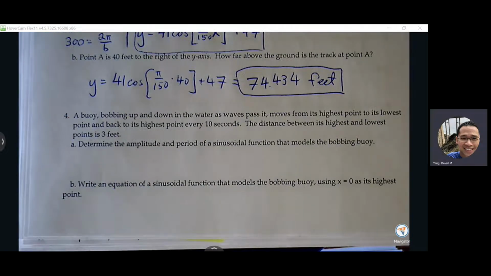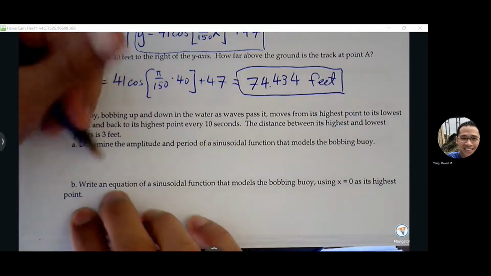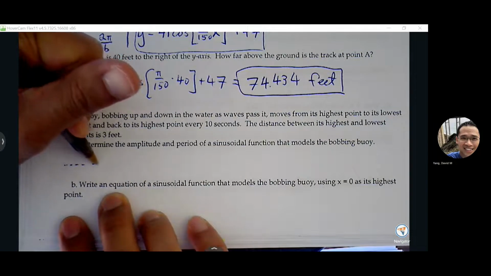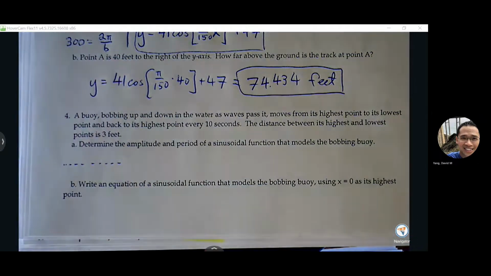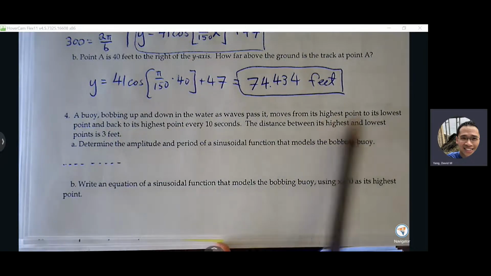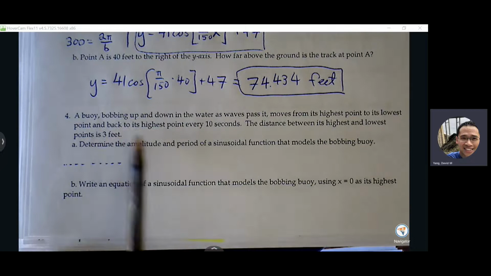Okay, so let's think of sea level as 0. So if it was still water, then our D is 0. And it says highest point to the lowest point and back up to the highest point.